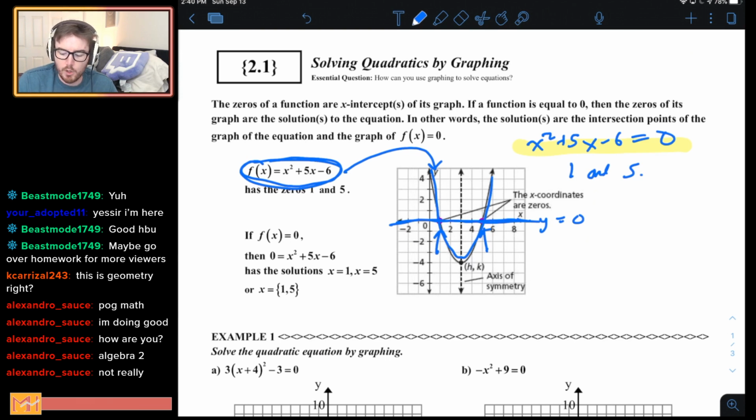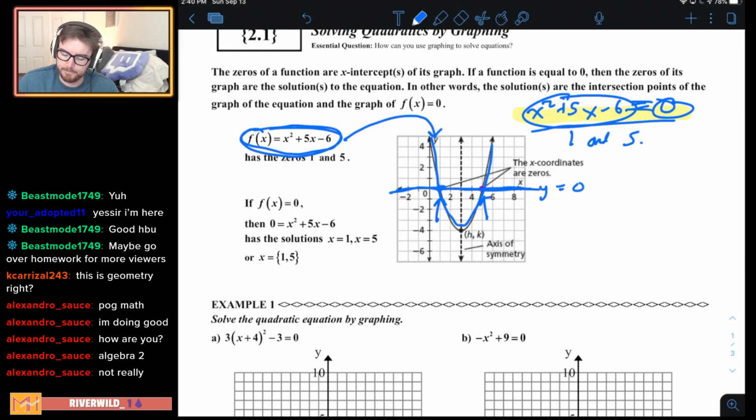So if you want to solve an equation that is set equal to 0, the zeros are the solution. Let me say that again. If you want to solve an equation that is set equal to 0, the solutions to said equation are those points that we refer to as the zeros.